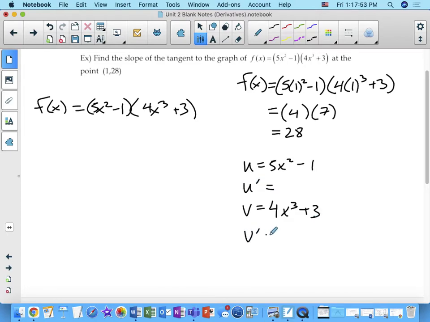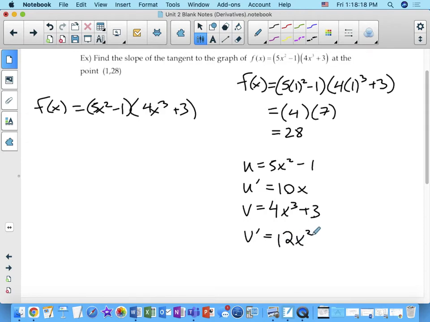And what's v prime? What's u prime? Yep. Yes. And v prime? 12x squared.